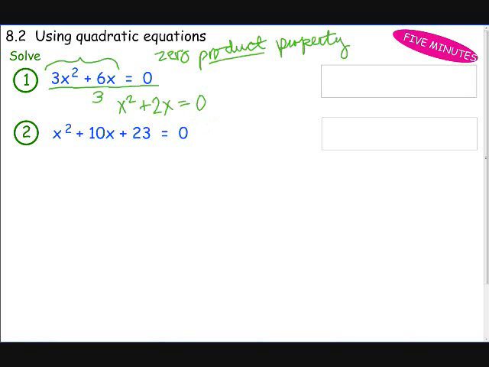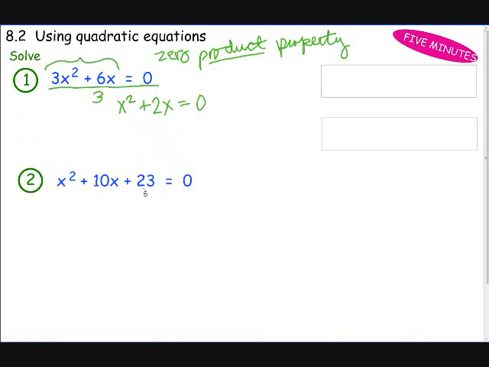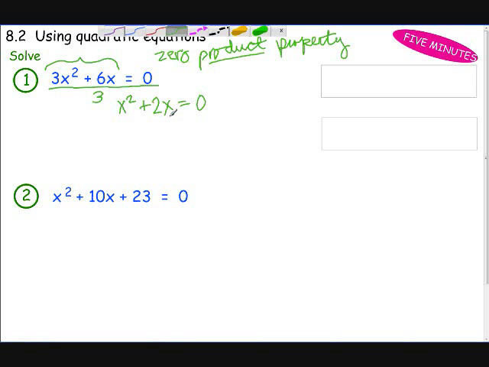Now, my problem is that I need a product, and I don't have a product here. Let me get a product. Let's see. If I take x out of both of these, I'll have x plus 2.